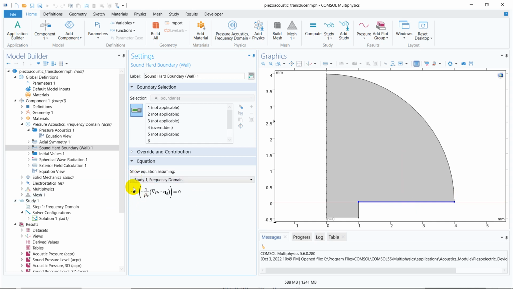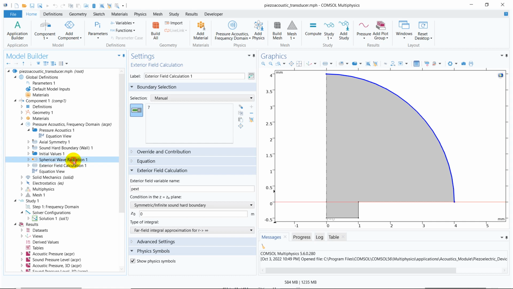The line could have been inclined as well, that's why we have taken a generic normal unit vector, and here it is the gradient of the pressure with the source term, if any. For this particular case there is no source term, so you can think this is the gradient of pressure. So it is n dot gradient of pressure.